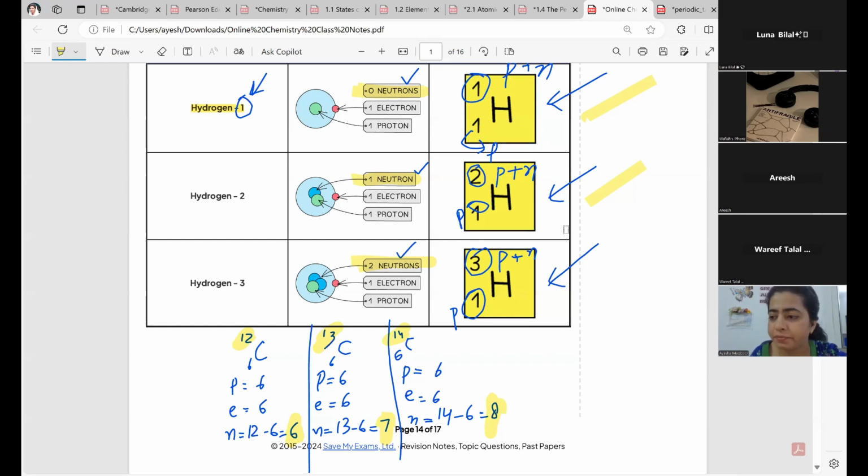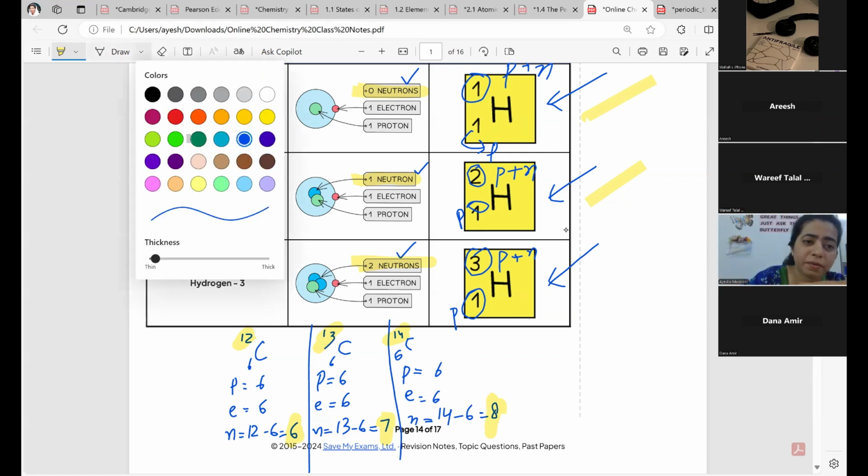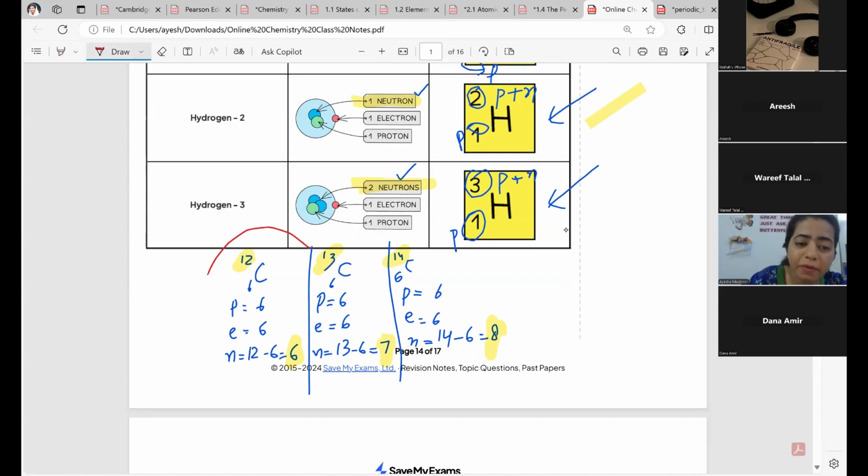Yes, Arish. Miss, when we were studying the relative atomic masses, you said that carbon is the only one in the periodic table that does not have a decimal. Is this carbon 12 isotope only? Yes.